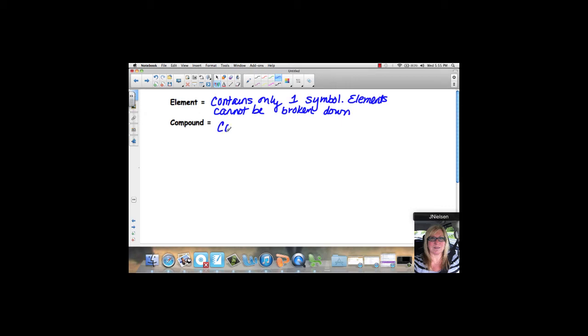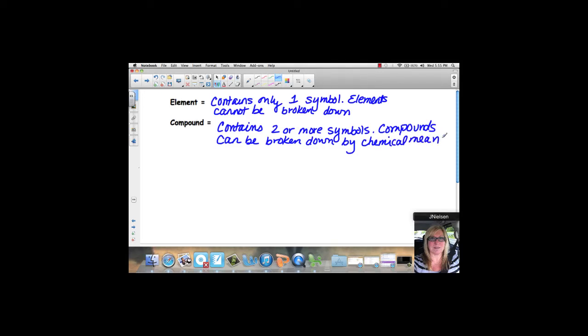A compound contains 2 or more symbols, and compounds can be broken down by chemical means. Okay, I'll give you a minute there to write that down.